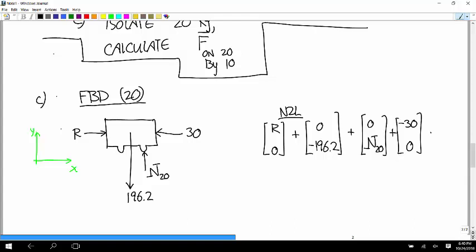And all these are equal to the mass of our chosen object, 20, times the acceleration vector, which we know. That was part A. We calculated the acceleration of both of these objects. So this is negative 1, 0.